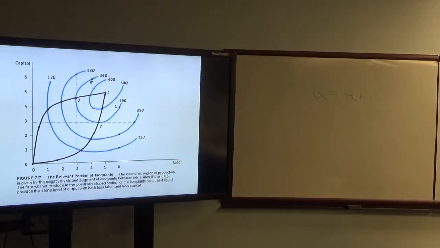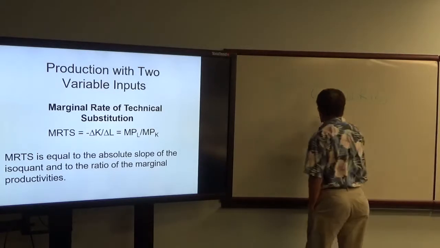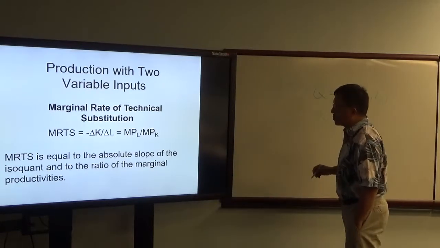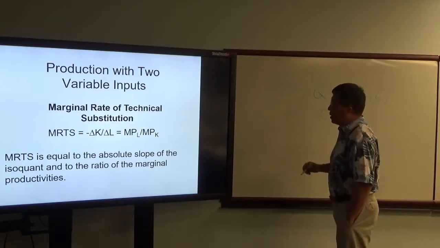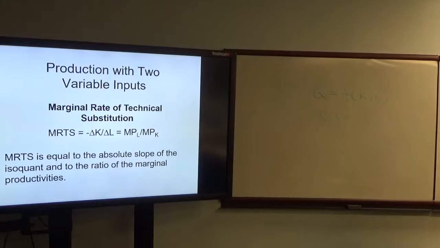So mathematically, we have the marginal rate of technical substitution, MRTS. Basically that's the slope of the isoquant.